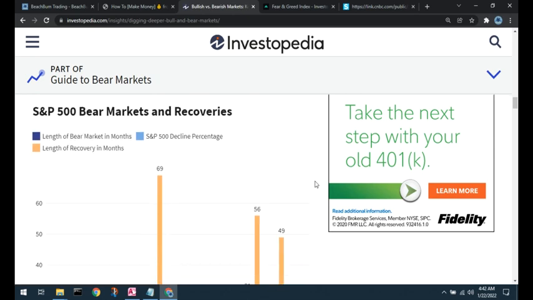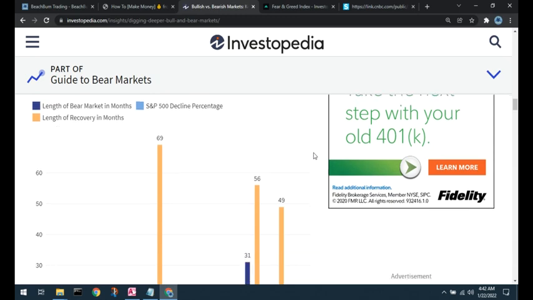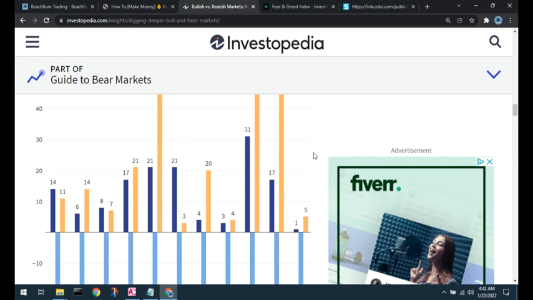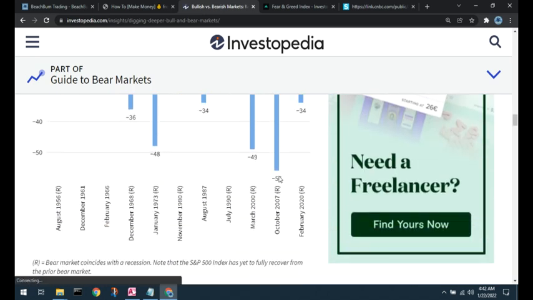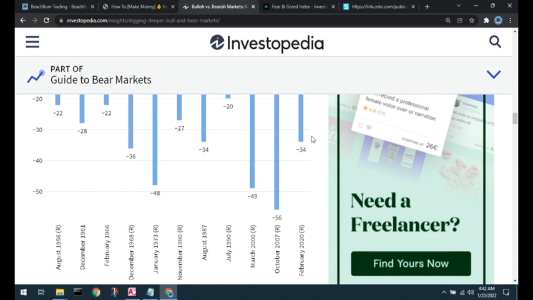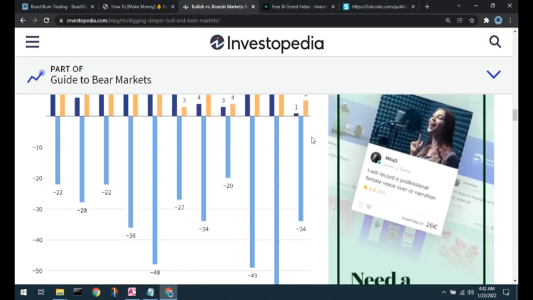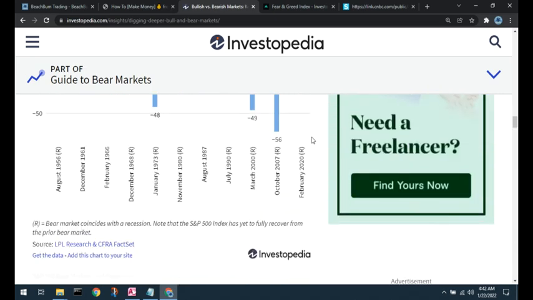Another important thing to find in here is a nice graph showing the length of the bear markets and then the length of the recoveries for the major declines, and the drawdown. So how large was the drawdown in the market? We can see in February the drawdown was 34%. Obviously the recovery was very quick, so the bear market was very short.